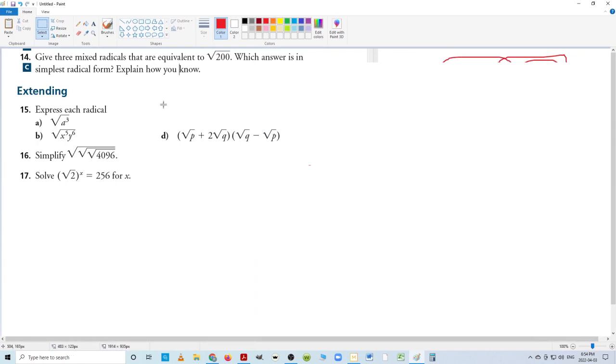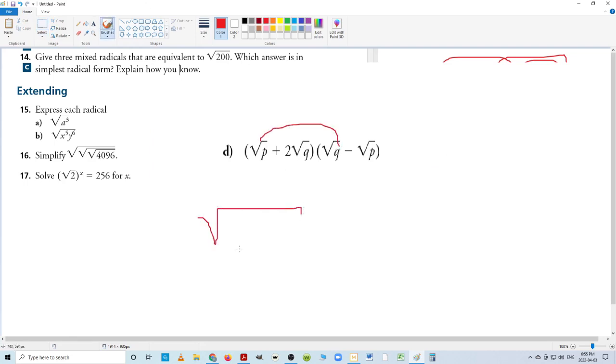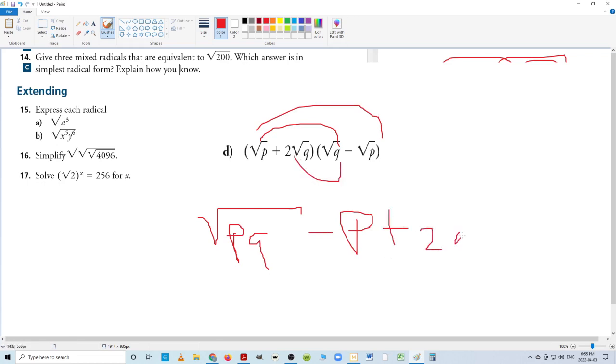And this last one, I mean, is it a difference of 2 squares? No, but it's close. This is just going to be square root of pq. There's nothing you can do about that. This one's going to be minus p. This one's going to be plus 2q. And then this one is going to be minus 2pq.